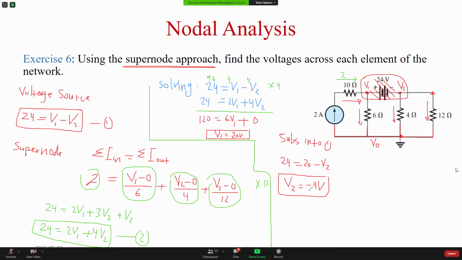Now, once I find the two voltages, I forget about my analysis, and I just write that the voltage here is 20 volt. This is V1. And the voltage here is V2, which is minus 4 volt. It says find the voltage across each element of the network. So what is the voltage across the 4 ohm?